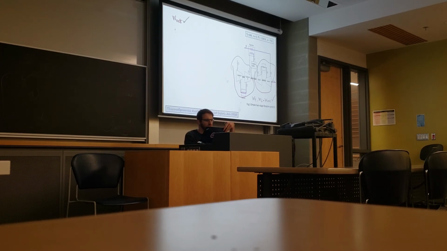But what about Q in this time? Q in this time is not the same as before. So Q in new equals Q in old minus Q regeneration. Small q's are better because it's specific.